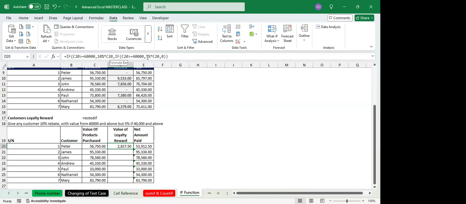For this one, because we have currently created one here, even though we say greater than or equals to, it has a limit now because there's a condition for from 60,000 above. So the above will just be a little bit less than 60,000, which is going to be 59,999. Do you understand it?